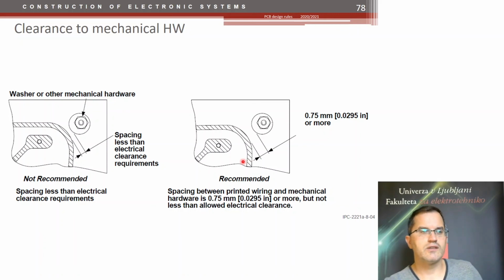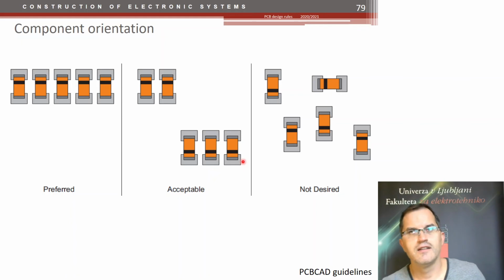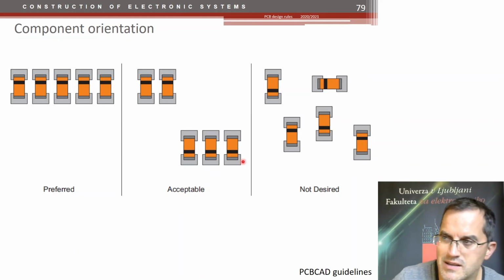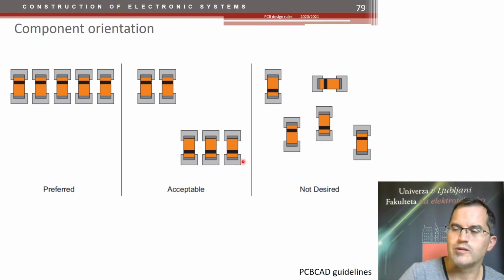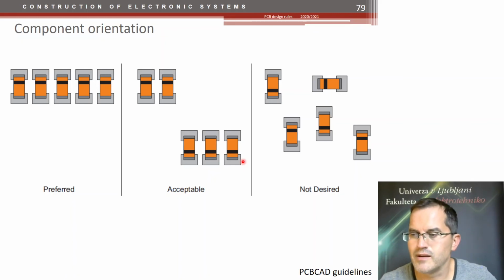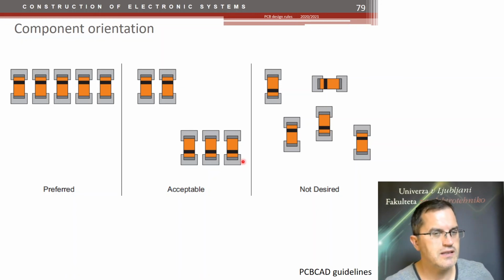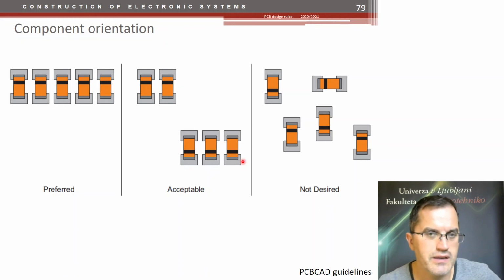At the end, I would like to finish with a few slides showing nice looking designs, not just nice looking, but also, because of the order, easily readable, so you can also easily find any mistakes.